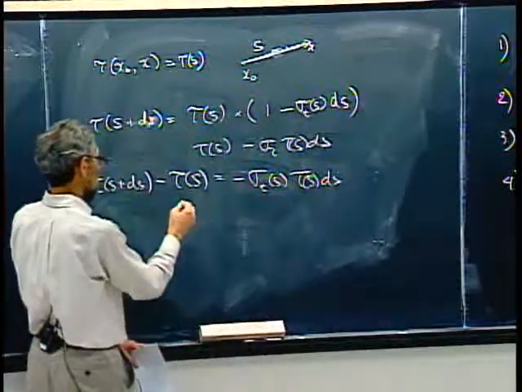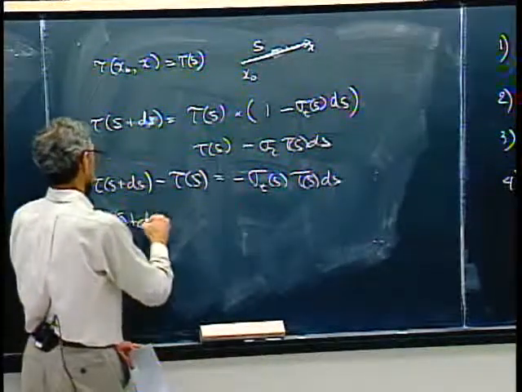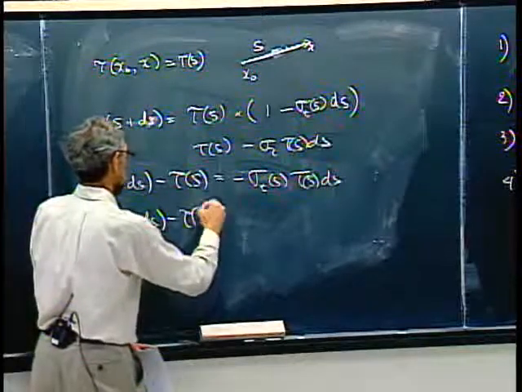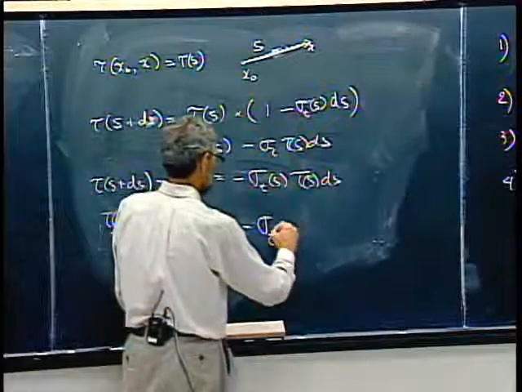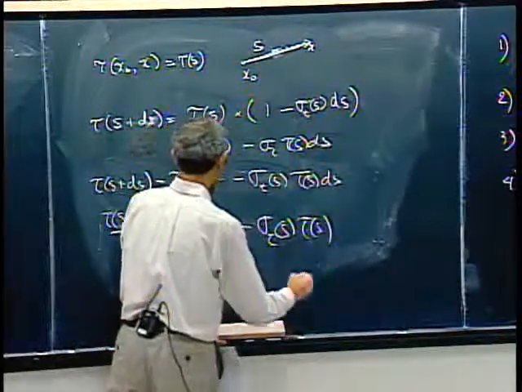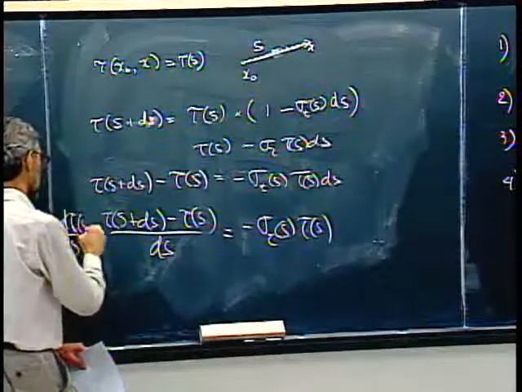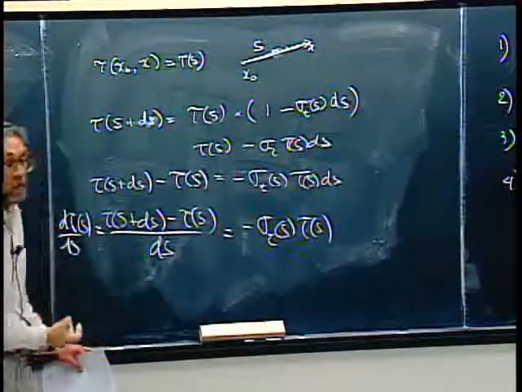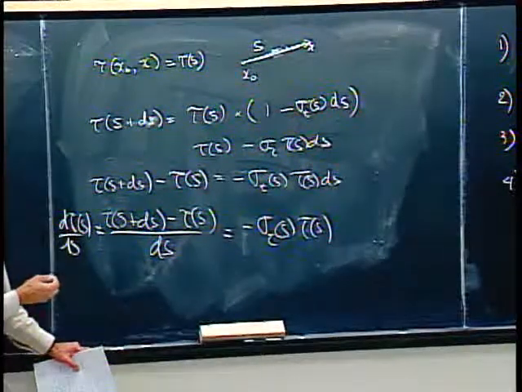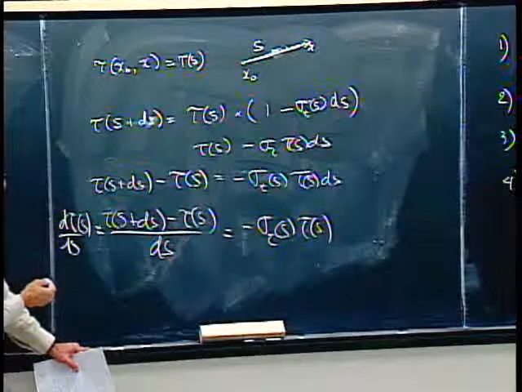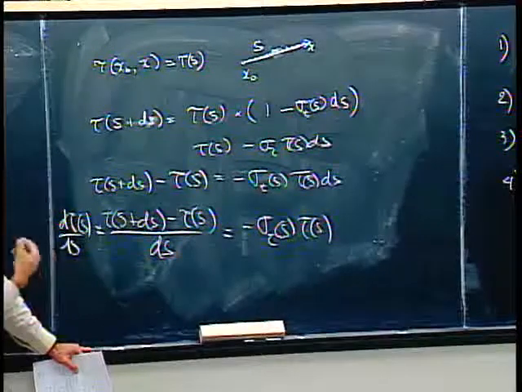And that means now if I divide by ds, tau of s plus ds minus tau of s divided by ds equals minus sigma t of s tau of s. And we can think of this as d tau ds in the limit as ds goes to 0. I said I was going to take a limit when ds goes to 0 eventually, so I didn't care about the overlap. Okay, so this is a differential equation for the total transparency up to a given point on the ray.